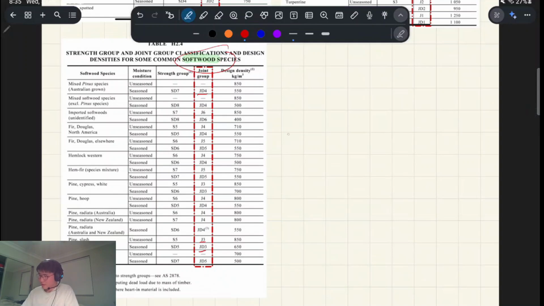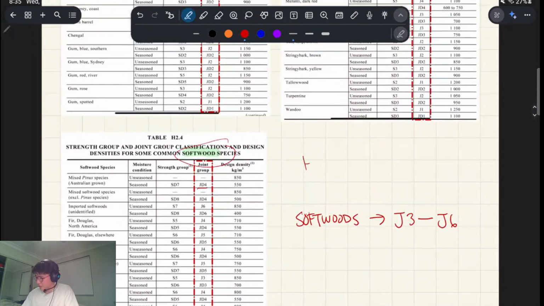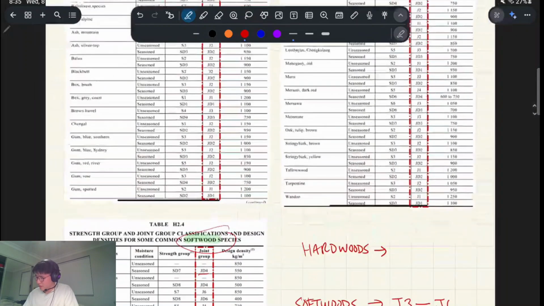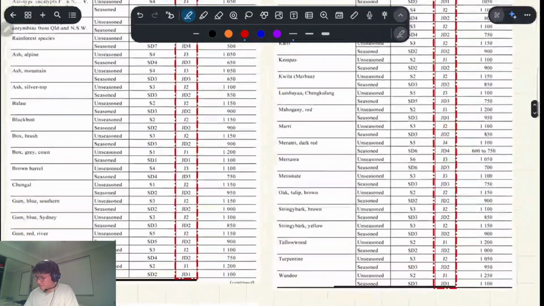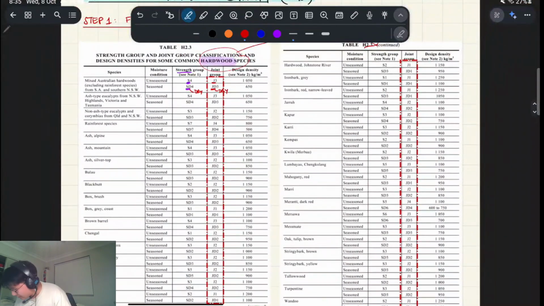So softwoods go J3 to 6, something like that. I might have missed a few, but generally that's what I can observe. Hardwoods go J, I think there's even a few J1s.